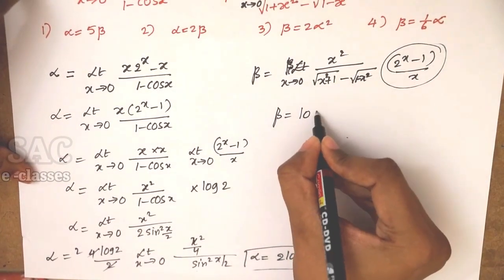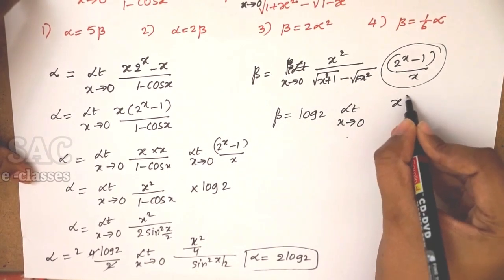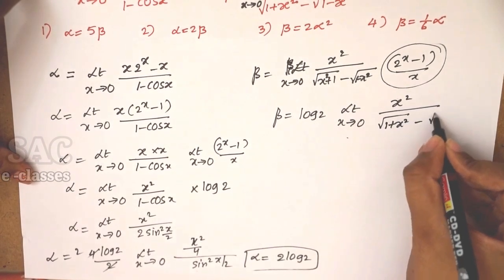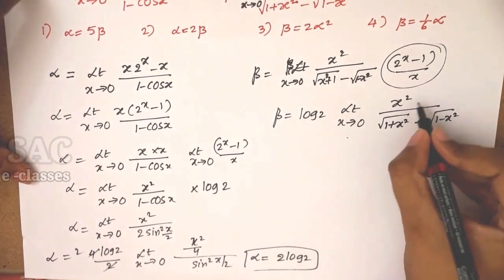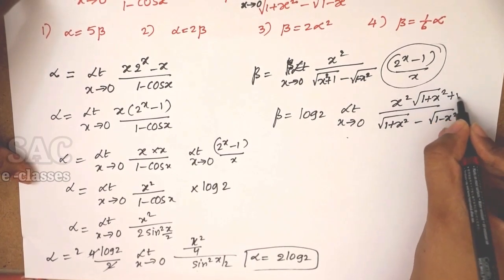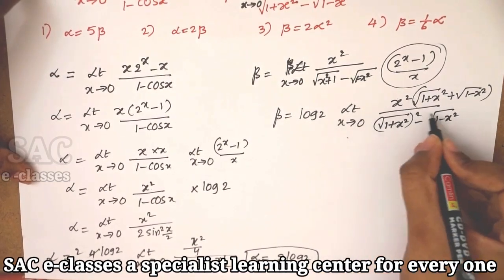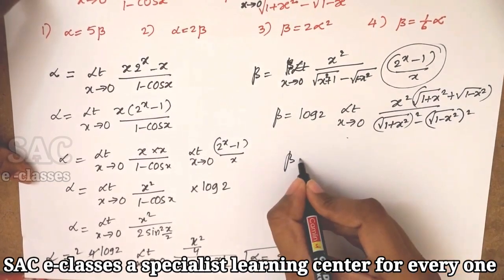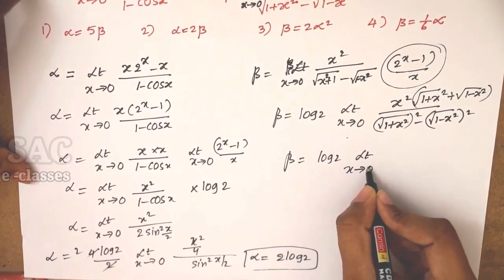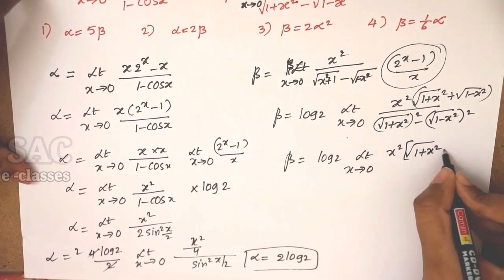So log 2 into limit x tends to 0, x square by (root over 1 plus x square minus root over 1 minus x square). Go for rationalizing the denominator.